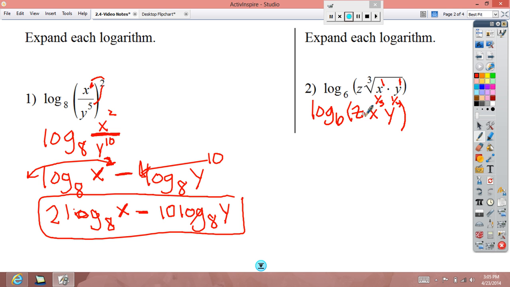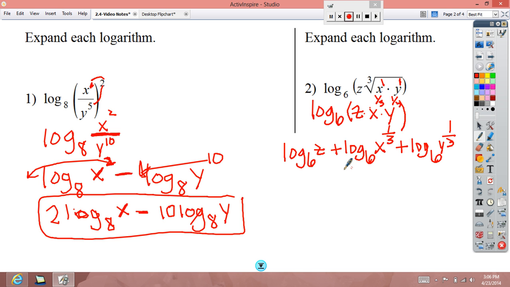Now these terms are both multiplied, so I can expand them using LOL 1. There's 3 terms here, so I'm going to have 3 separate parts. This one only had 2 because there were only 2 terms. So I have log base 6 of z. They're multiplied, so I'm going to add using LOL 1, log base 6 of x to the 1/3, and then again multiplied, log base 6 of y to the 1/3.